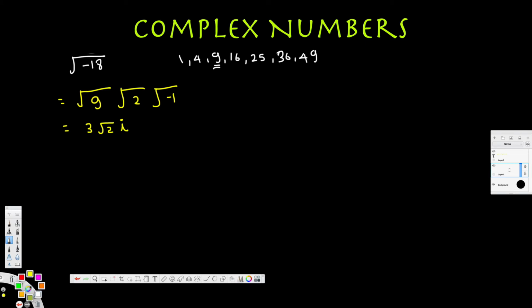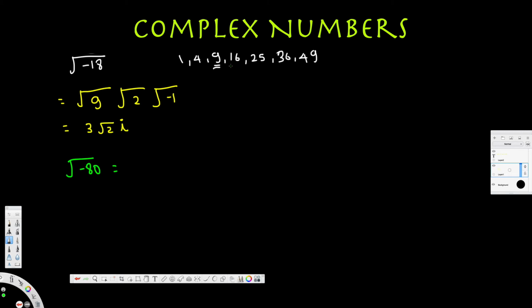Now let's look at another one. Let's say we have the square root of negative 80. Now we have to see which is the largest number whose multiplication gives 80. If we multiply 9 times 20, we will not get 80, but 16 times 5 is 80.